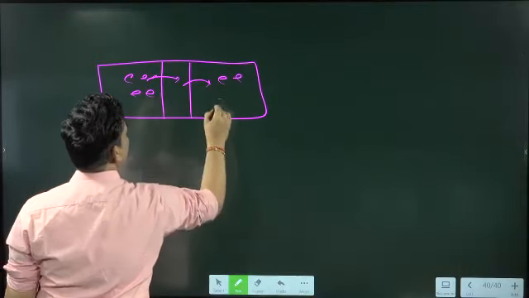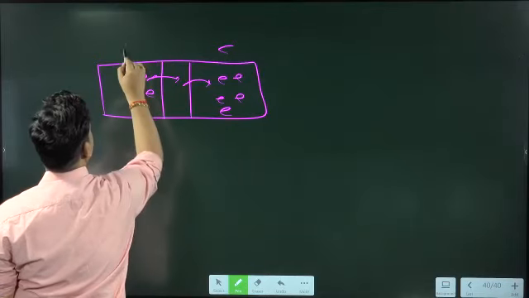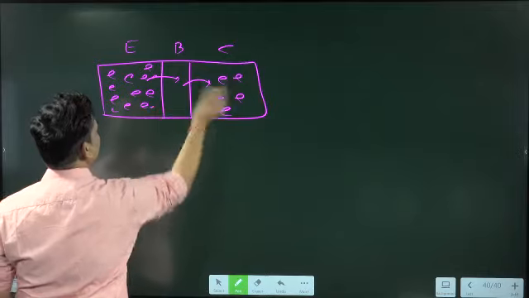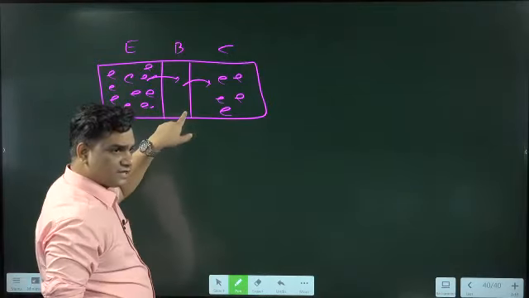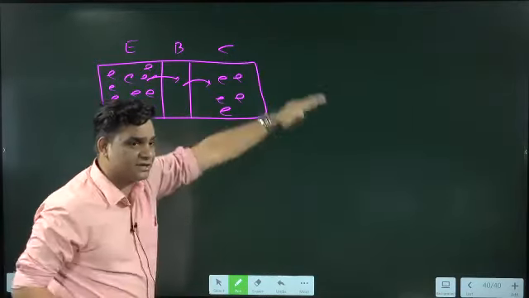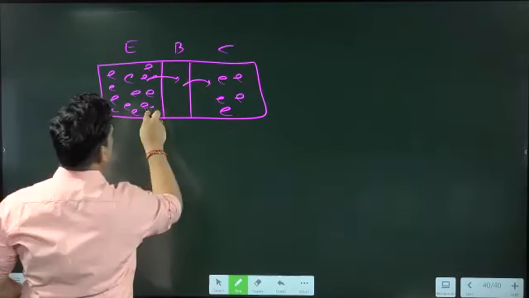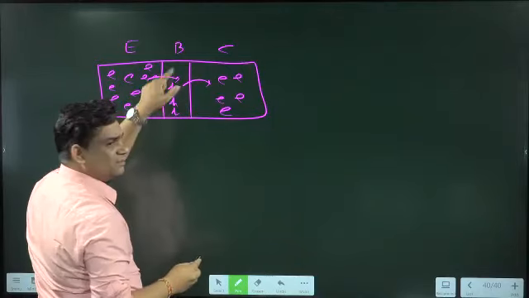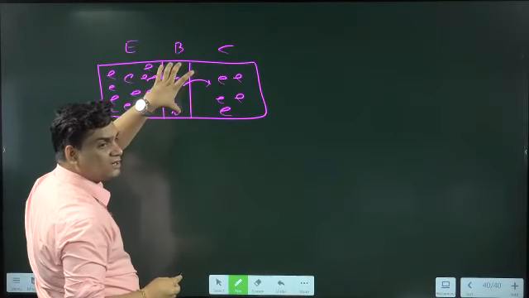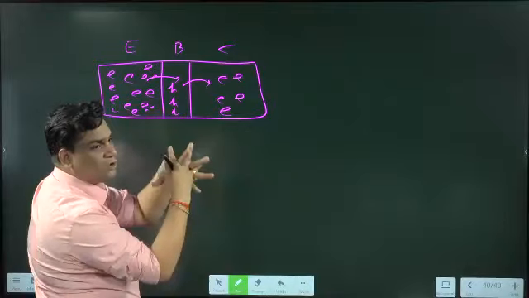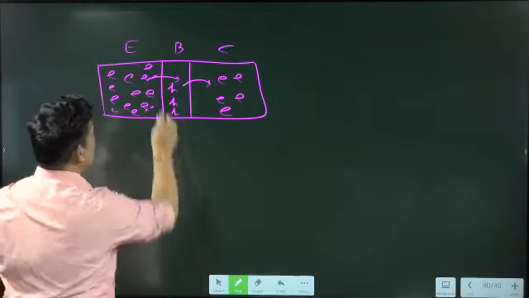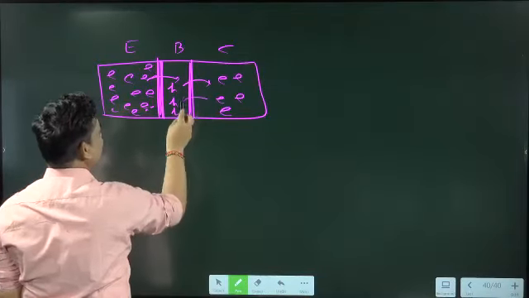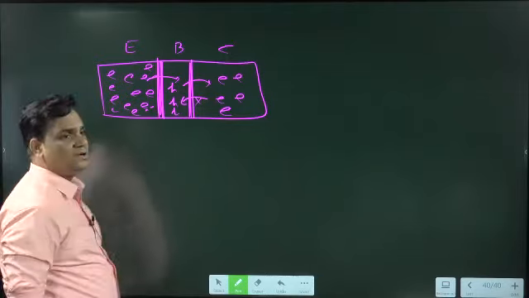You don't want electrons to come from the collector also, because then more electrons would be there and would just recombine with the holes. So this should allow this side movement, but these electrons should not be allowed this side.